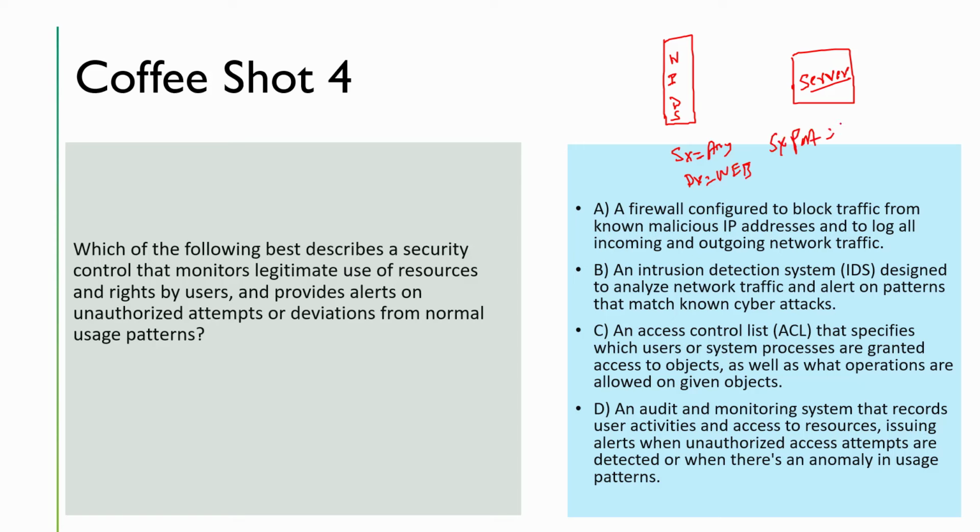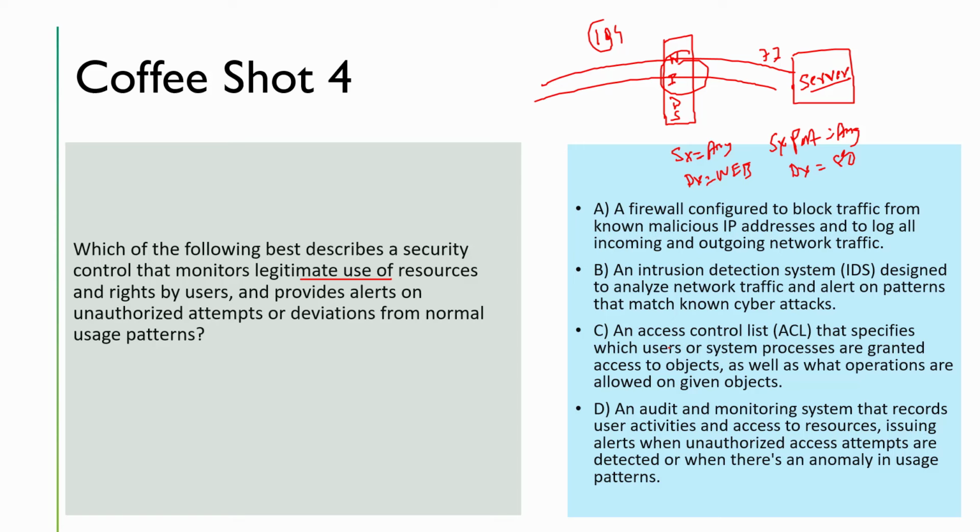Source port is any, since we cannot predict the port, but destination port is 80. So if someone tries to send a connection on port number 77 or 70, the NIDS will log the traffic. It will not block it, it will only log it. But the question talks about a security control that monitors the legitimate use. So IDS is more about detecting unknown patterns.